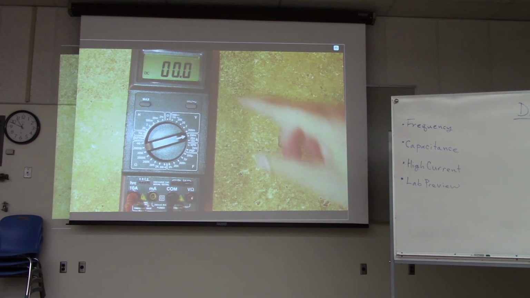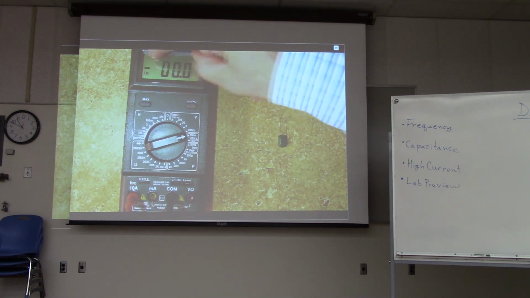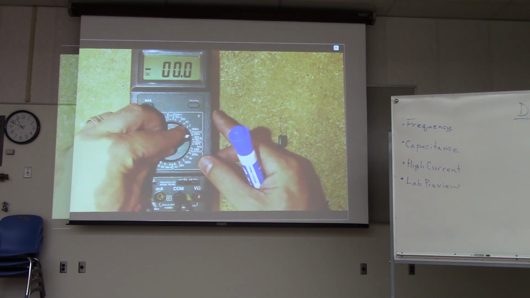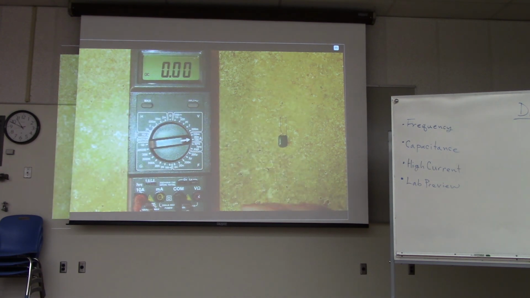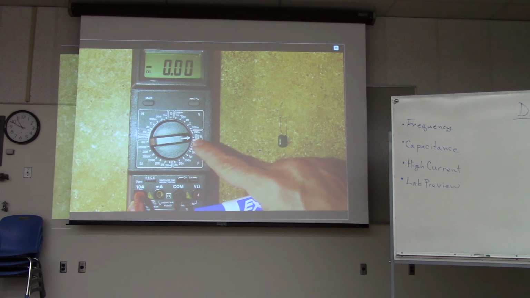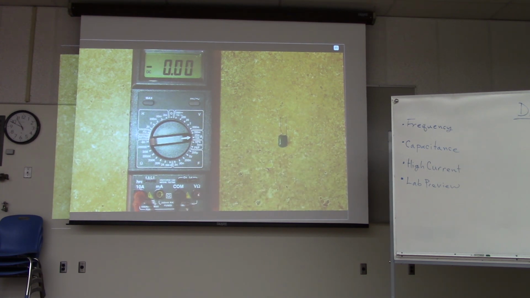All that happens is that you get a reading on the screen that's 10 times bigger than it should be. All right? So it's an easy mistake to make. So try and avoid that. Remember that when you're measuring high currents, the meter must be in this setting that says 10A. So if the lead is in the hole that says 10A, the meter must be in the setting that says 10A. All right? So any questions about that?